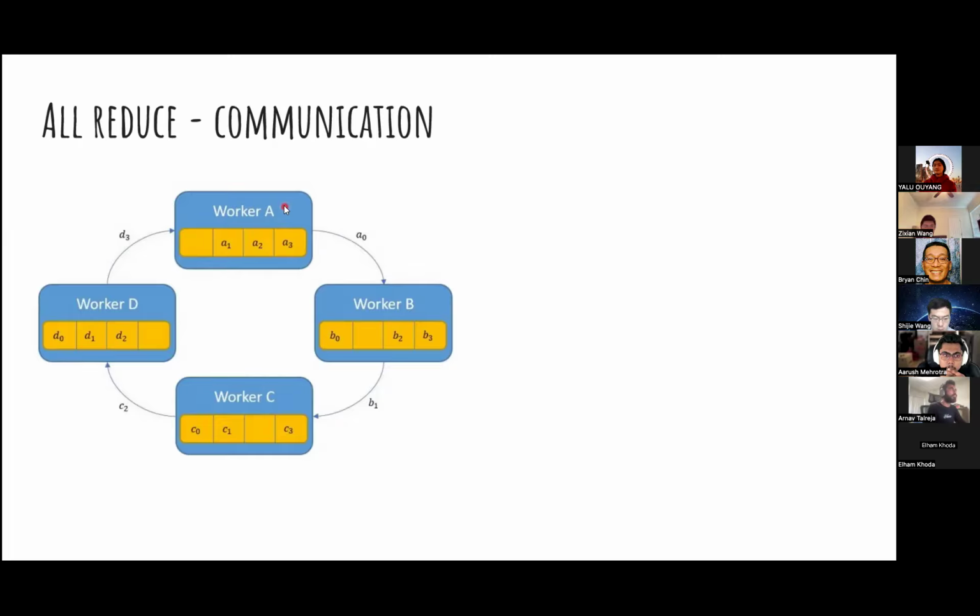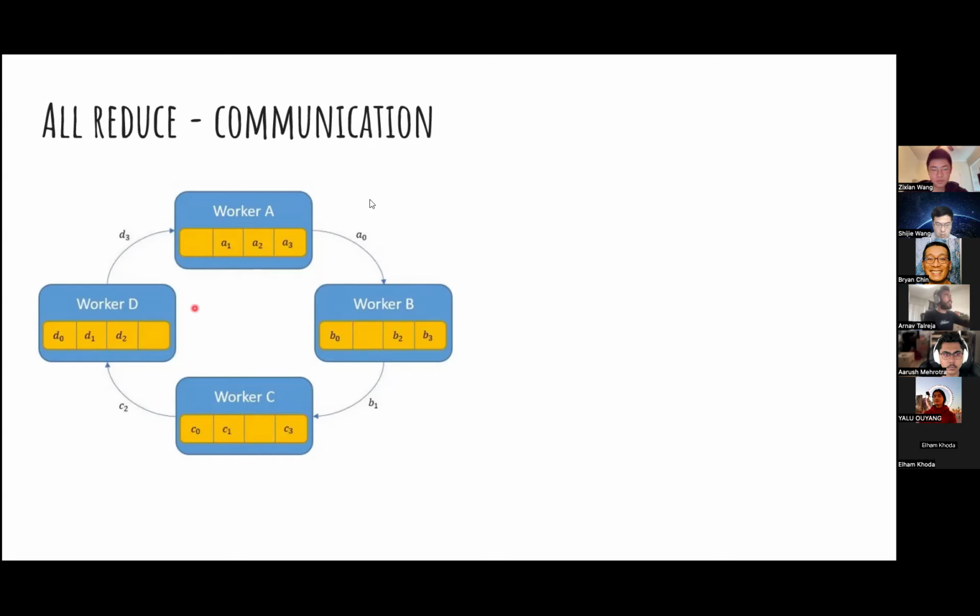During the first all reduce cycle, worker A will transmit weight A0 to worker B. Worker B will transmit weight B1 to worker C. Worker C will transmit C2, and worker D will transmit D3.